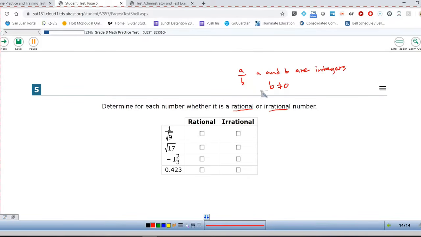Irrational numbers cannot be written like fractions. And a way to recognize an irrational number, we say it is non-terminating. That means it's going to go on forever and ever. And it is non-repeating.